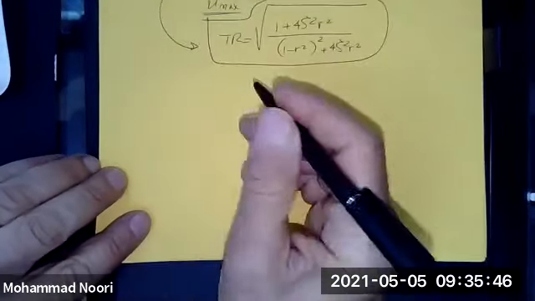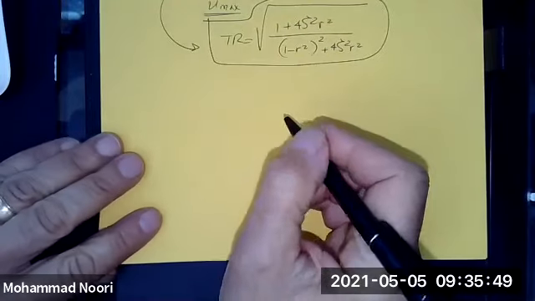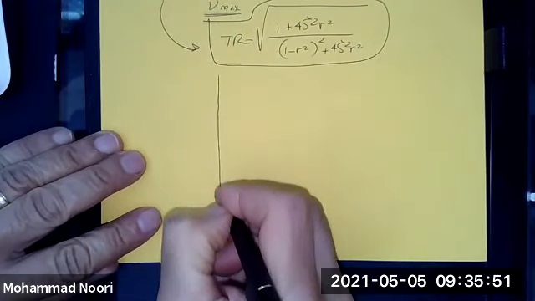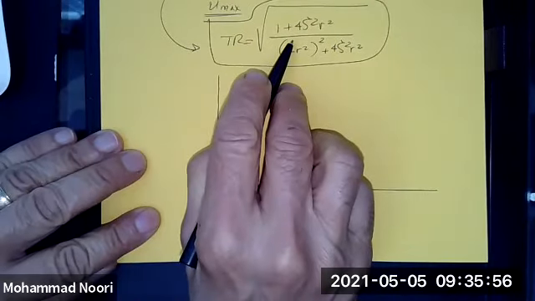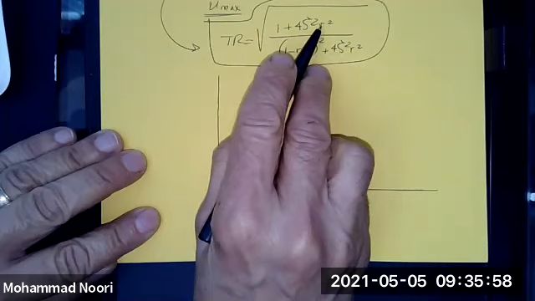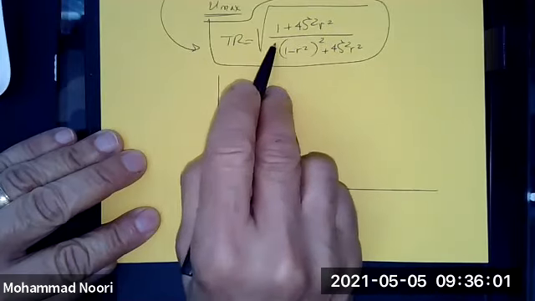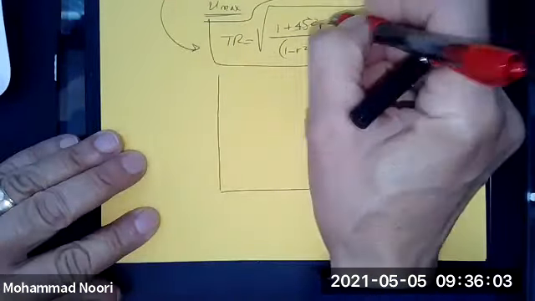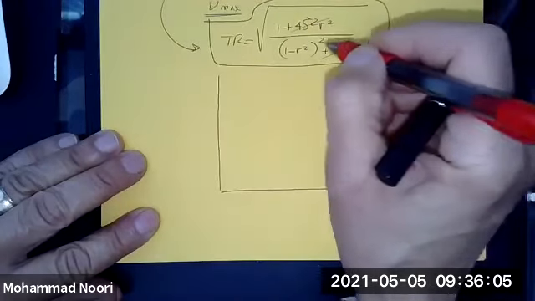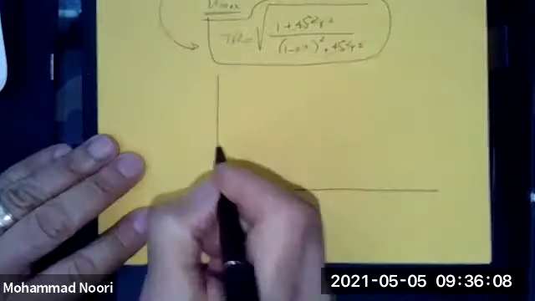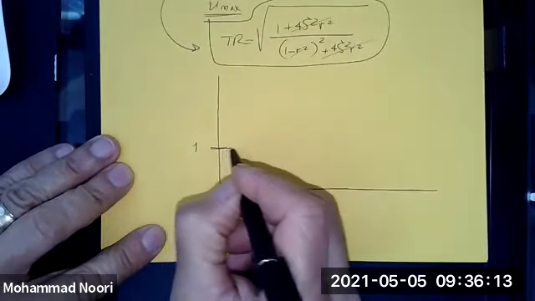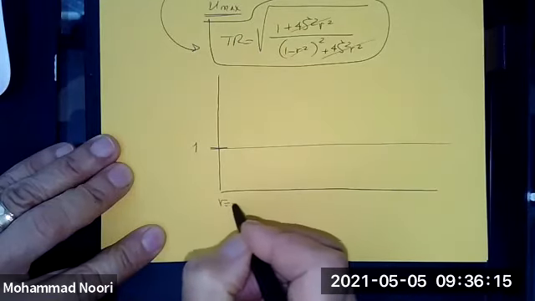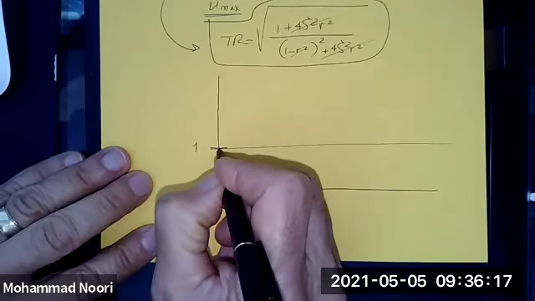In order to fully understand what this transmissibility ratio means, let's plot that function. If you plot this function, you can see that at r equal to 0, this cancels out, this cancels out, and this cancels out. So this is 1. So all of these curves start at r equal to 0 at a value of 1.